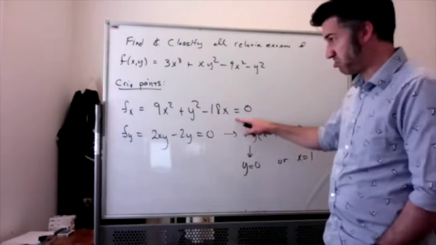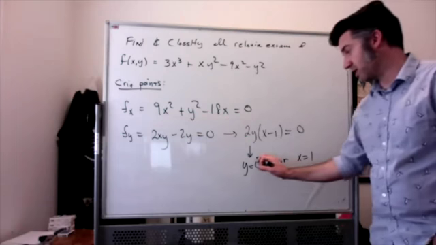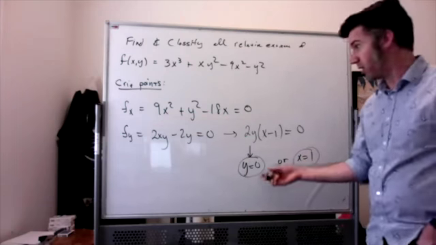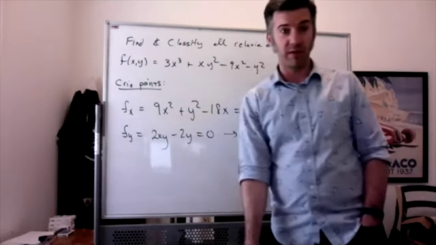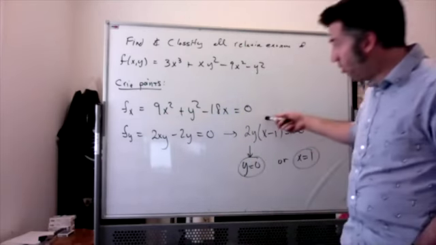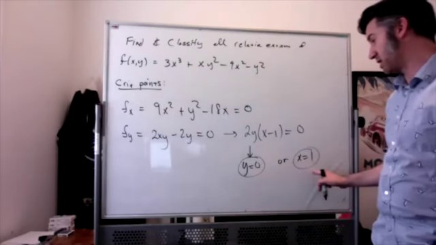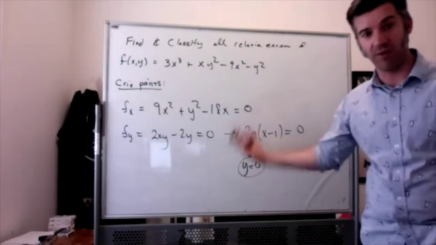You get 9 plus 0 minus 18, which is not 0. These are separate conditions. Only one needs to be true for this partial derivative to equal 0, but then we also need the other partial derivative to equal 0. So we're going to use each of these conditions and see what we get.